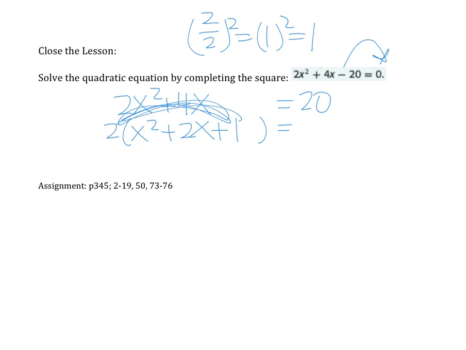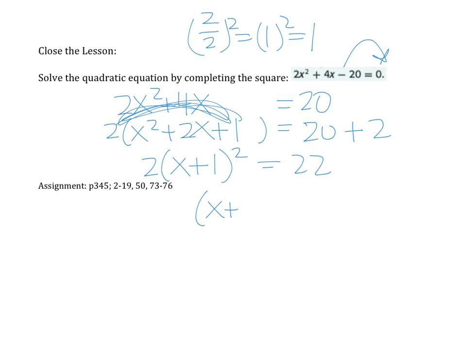But I have 2 sides of an equal sign this time. So I'm going to actually add 2 to that side. This is the time that you add when you're looking at 2 sides of an equation, not when we're creating vertex form. So I have 2 times x plus 1 quantity squared equals 22.